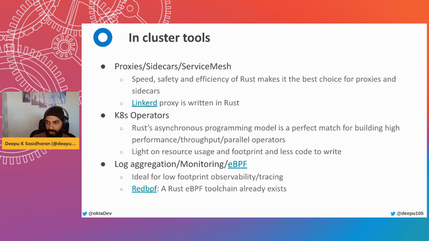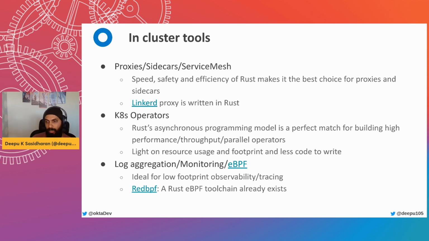It's going to be light on resource usage and footprint, and also it's going to be way less code to write. Writing an operator in Rust and Go is going to be a different experience, because with Rust, once you have some basic macros or something, then building out new operators would be quite straightforward and very little code compared to how you do it in Go, for example.